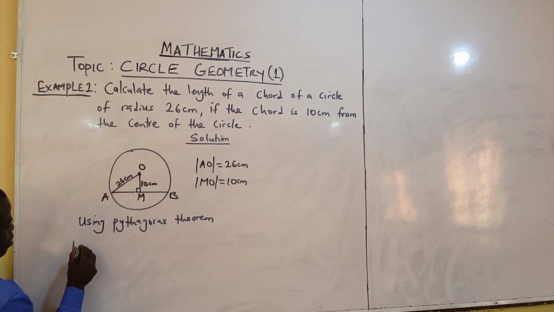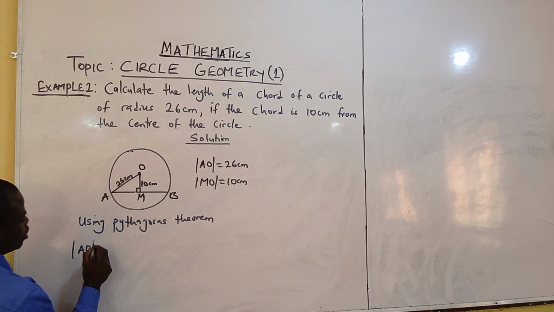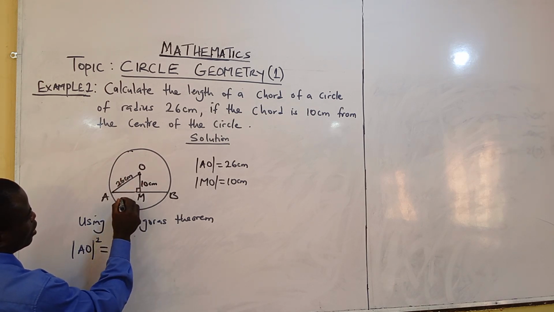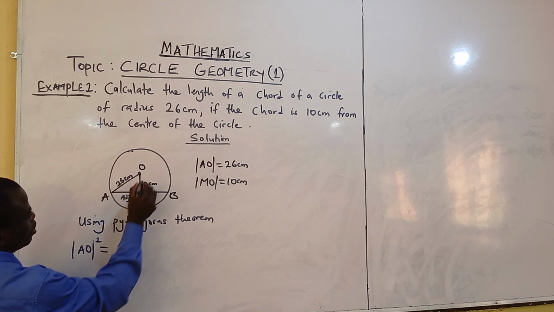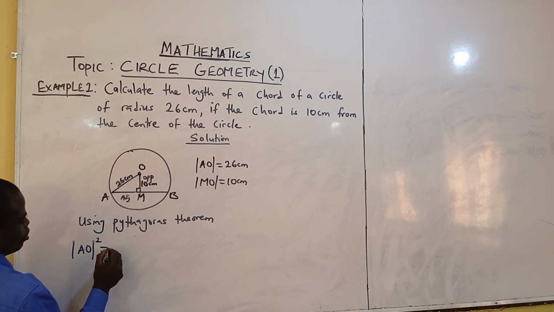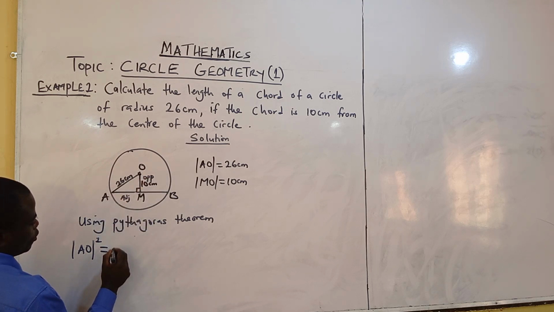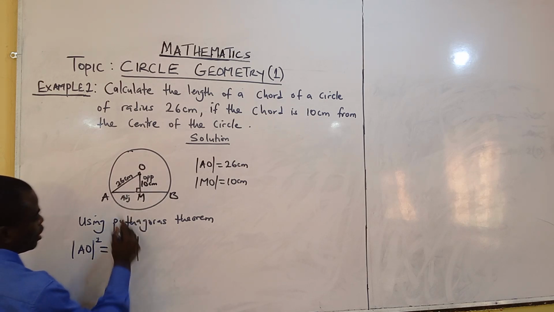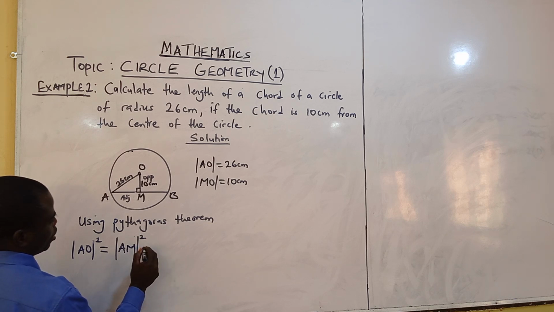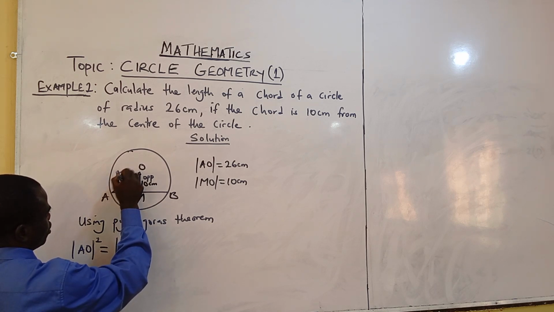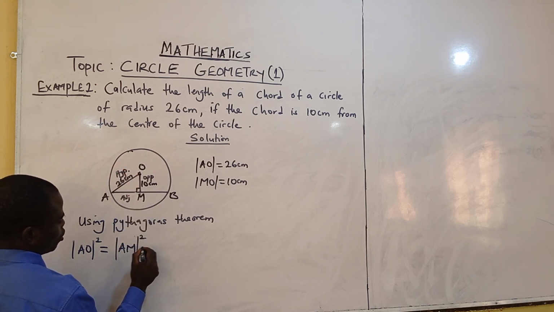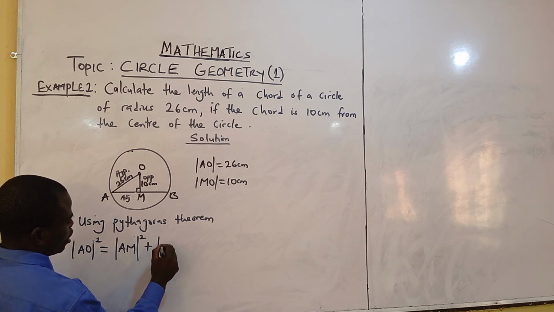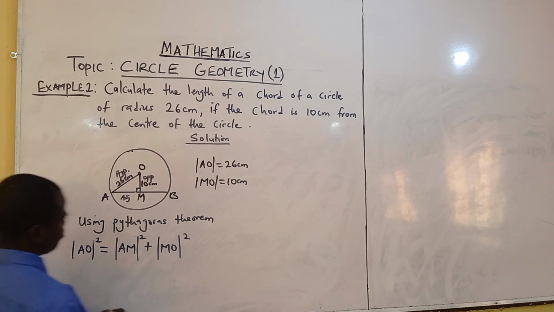The square of the longest side, which is the hypotenuse, equals the addition of the squares of the other two sides, the adjacent and the opposite, which is AM squared plus line MO squared.